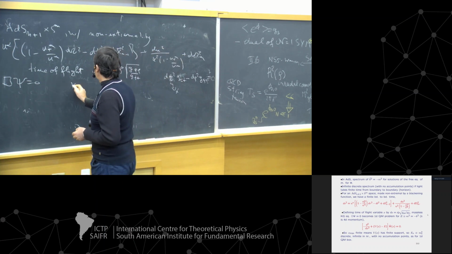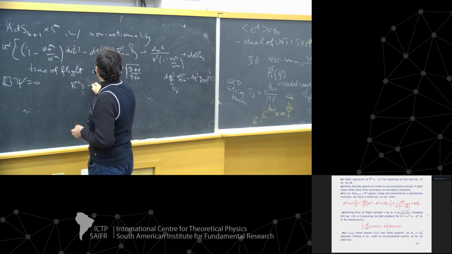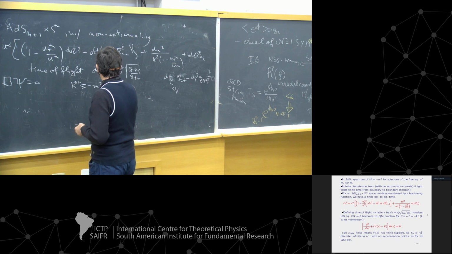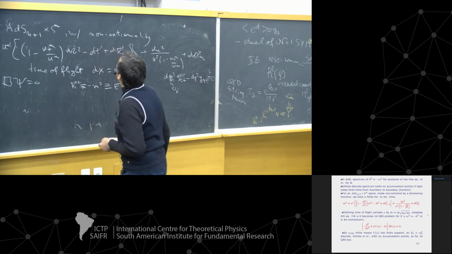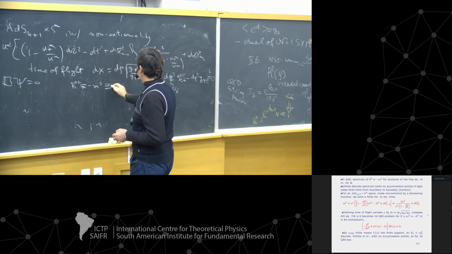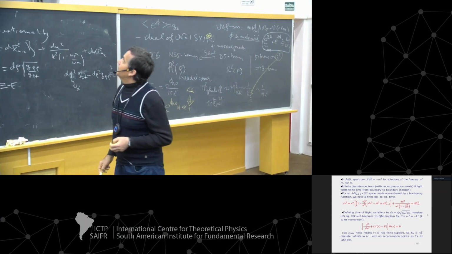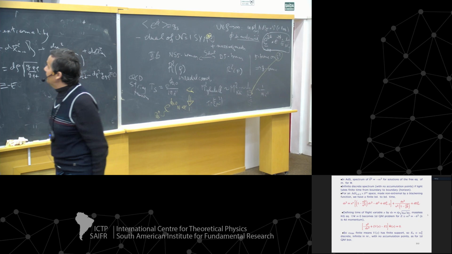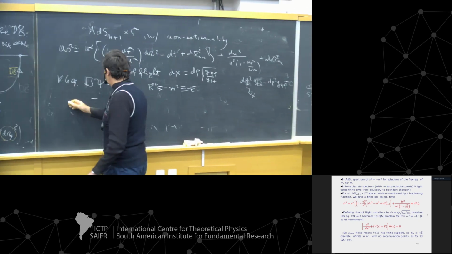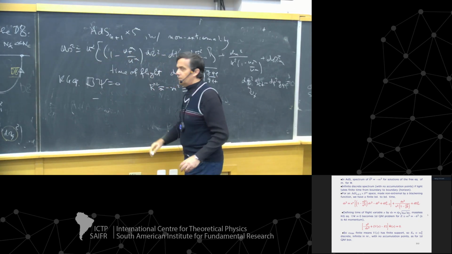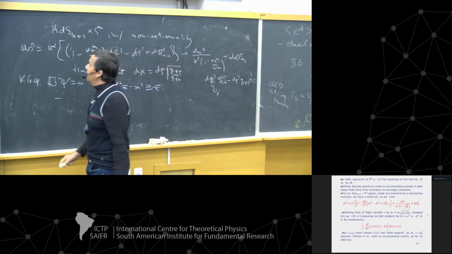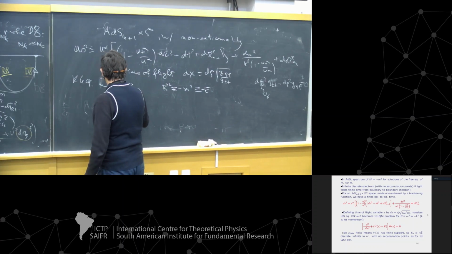And in the other directions, you write k squared equal to minus m squared, and you define this as minus e. So m squared, you call it e. And then you obtain just a one-dimensional quantum mechanical problem in this time of flight coordinate.